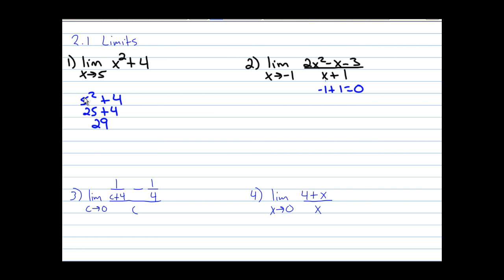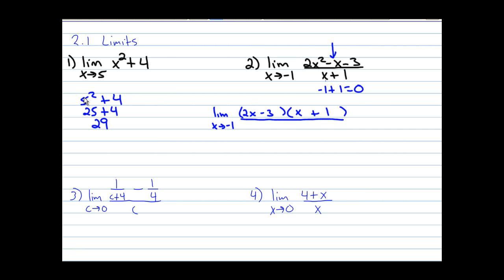Well, in this case, we have the limit as x approaches negative 1 of, well, we can factor the top. And it factors into, let's see, 2x and x. I think I need a negative 3 here and a plus 1 there. And I get 2x on the outside and negative 3x on the inside. That's going to give me that negative 1 that we want.